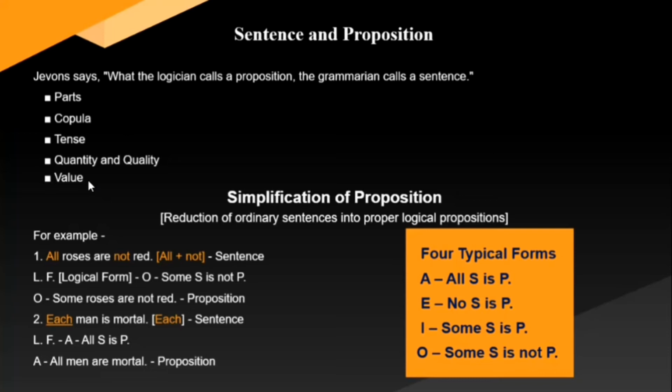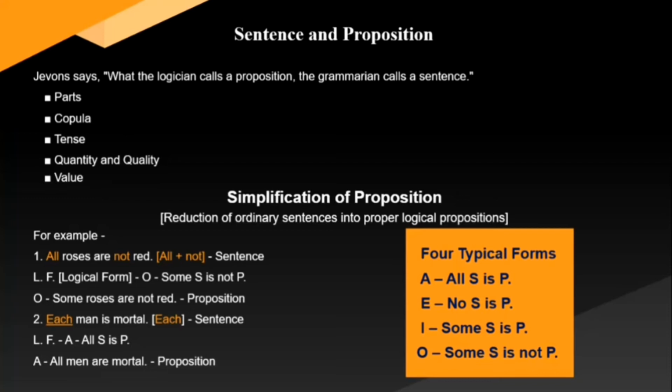So, a proposition is logically either true or false. Truth or falsity of a proposition is called truth value. However, a sentence is grammatically either correct or incorrect.